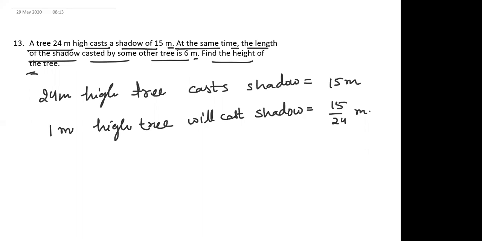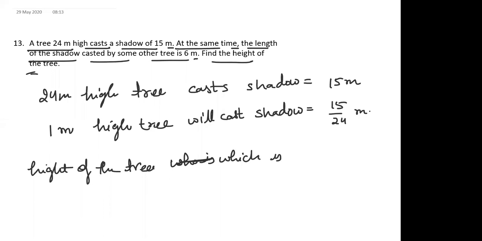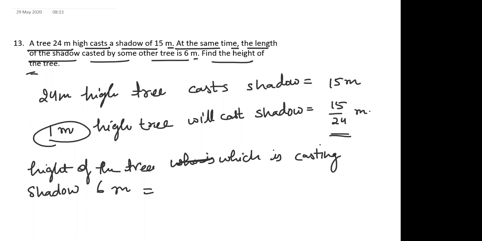Okay, so what we have to do is, we will write the height of the tree which is casting a shadow of 6 meters is equal to, you just divide, because if the tree is 1 meter high, it will cast a shadow of 15 upon 24 meters.